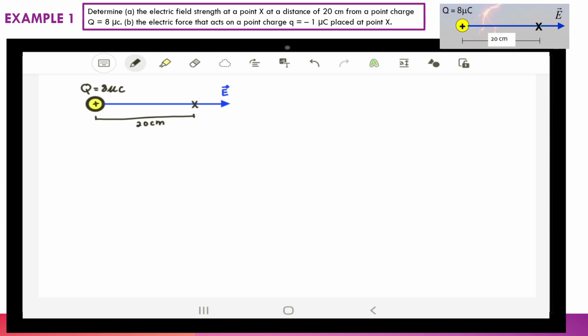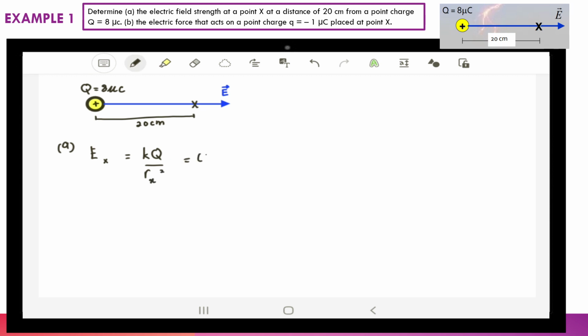So now let's try to solve question A. We want to find the electric field strength at point X, where the equation should be kQ over rX squared.